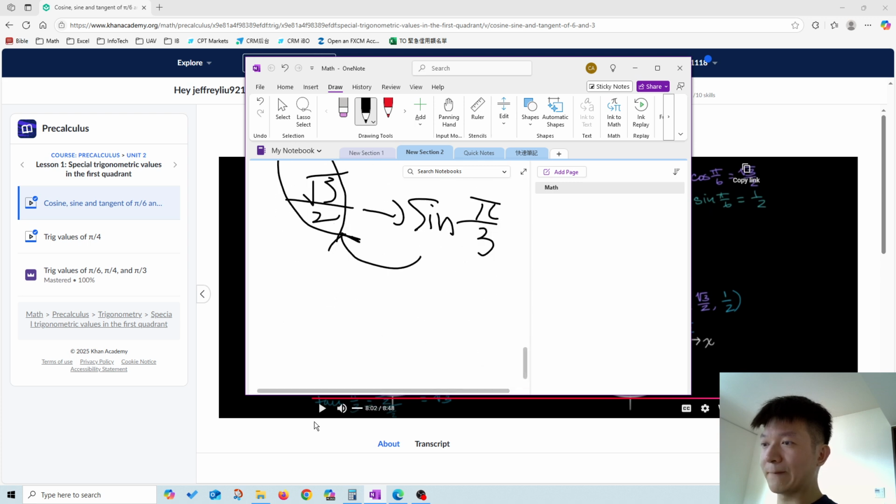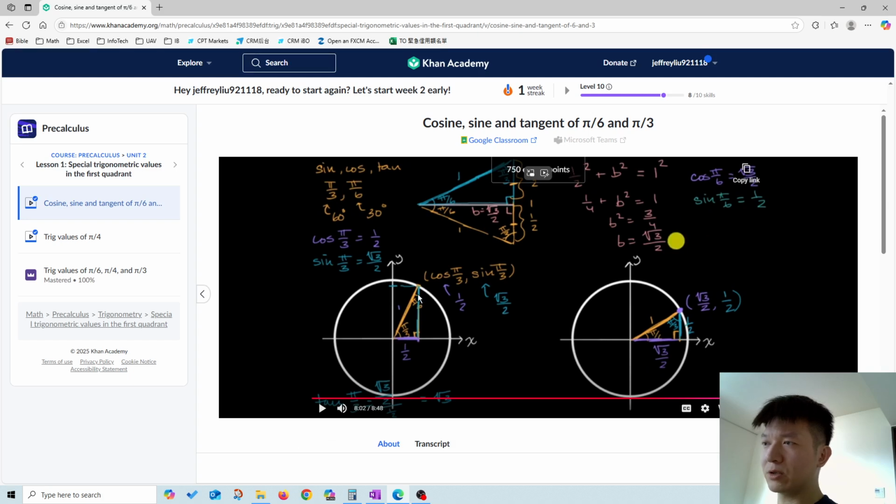And so we conclude, what's this point right here? It's represented in the xy plane. This point is represented by cosine pi over 3, and y is our sine of pi over 3.